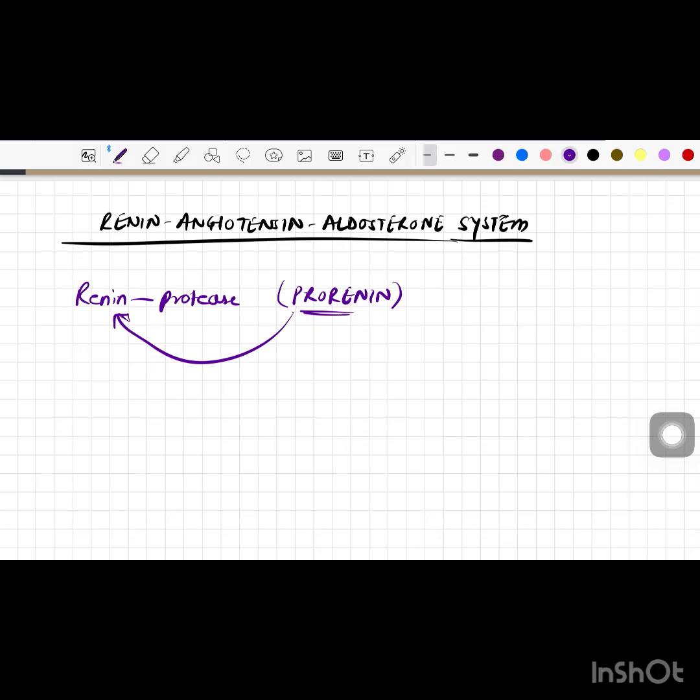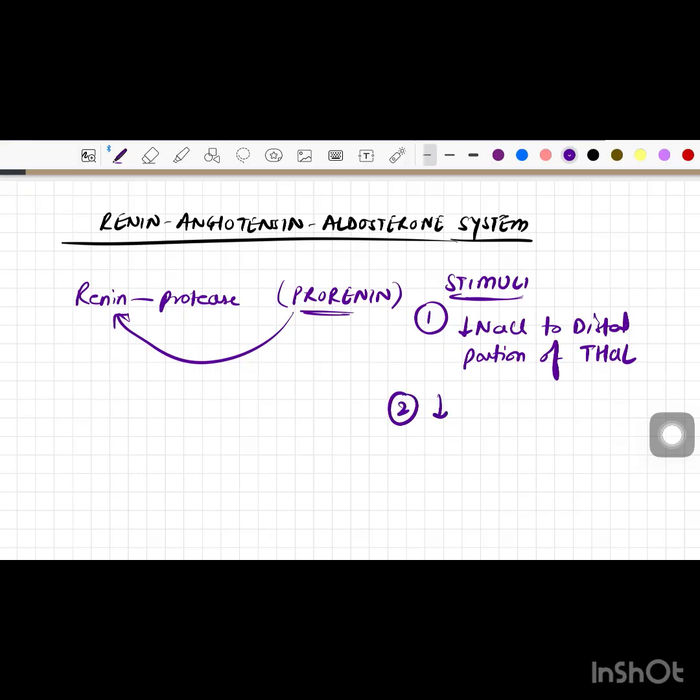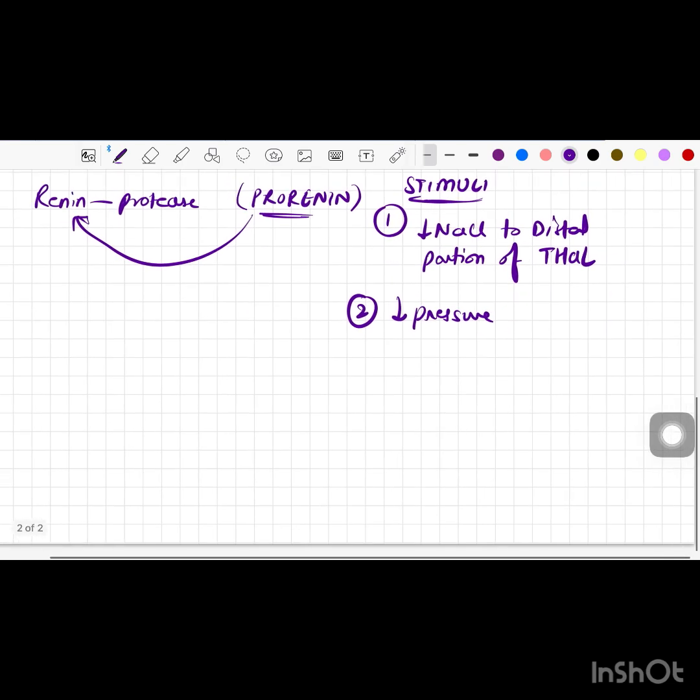So what are the stimuli for secretion of renin? We will see first. Number one, it is decreased NaCl transport to the DCT or distal portion of thick ascending limb of the nephron. Second is decreased pressure or stretch within the renal afferent arteriole.